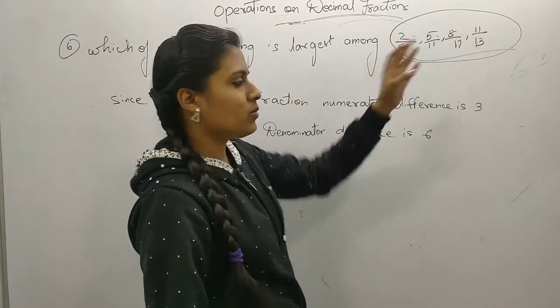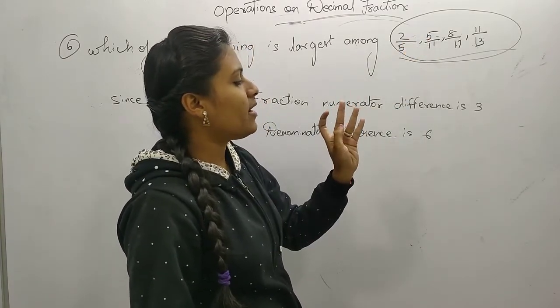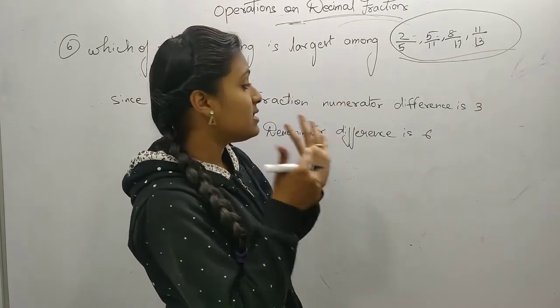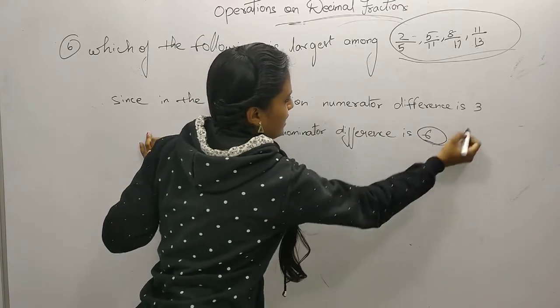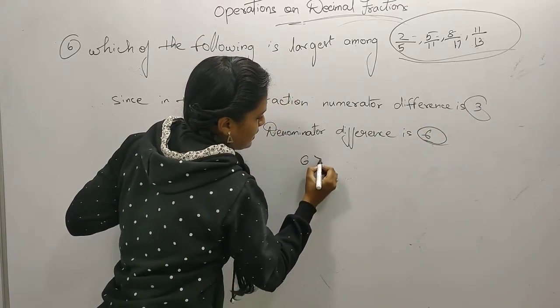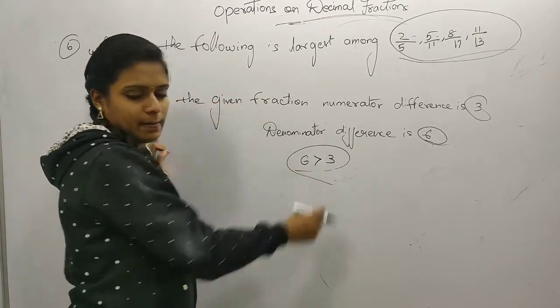See, 2, 3, 4, 5, a difference of 3. 5, 6, 7, 8, 9, 10, 11, a difference of 6. Now you can see 6 is greater than 3.